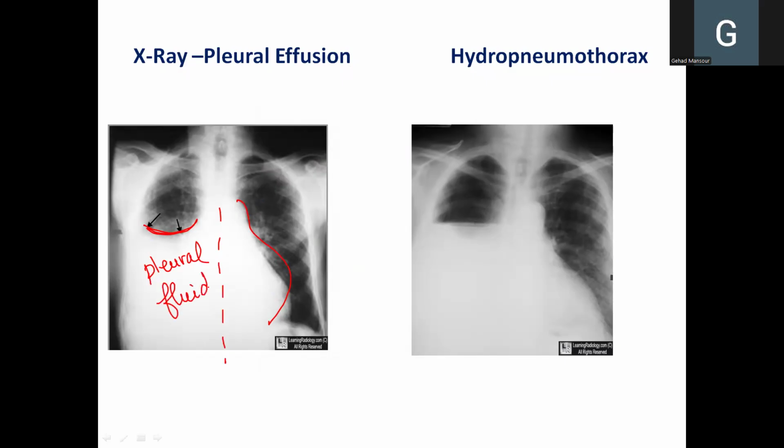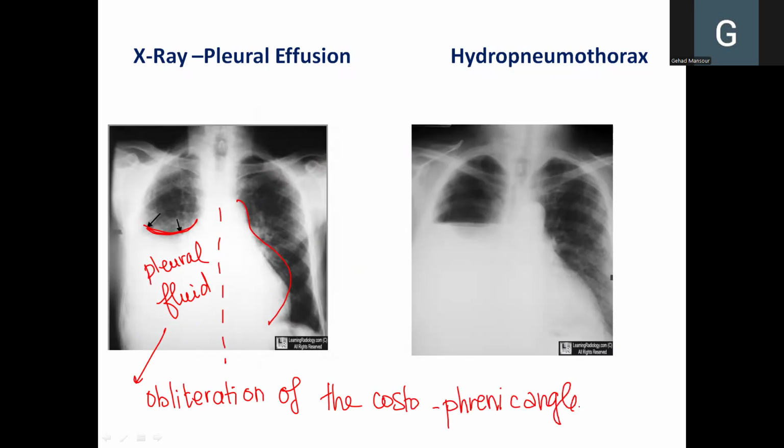Of course, that pleural fluid is characterized by complete obliteration or filling in of the costophrenic angle, on the right side, the right costophrenic angle, because as you see, the left costophrenic angle is clear, and you can also see this concave upper border, which is the meniscus.